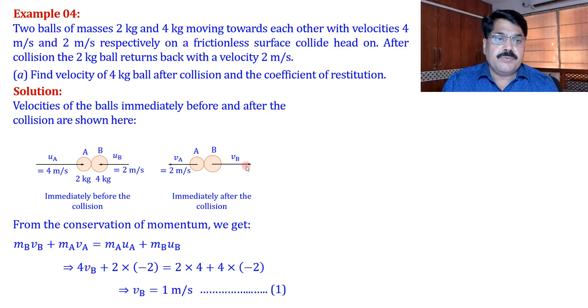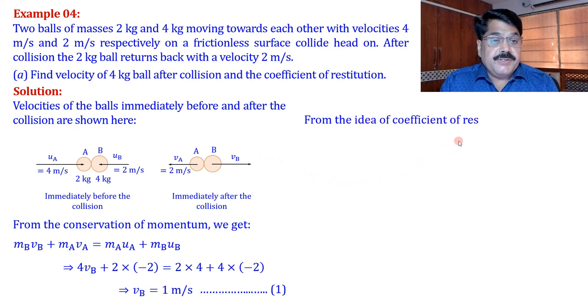Now we know all 4 velocities, the velocity of both bodies before collision and after collision, and substituting these we can find the coefficient of restitution. From the idea of coefficient of restitution, which is the negative of velocity of separation to velocity of approach, we can write VB minus VA is equal to e times UA minus UB.